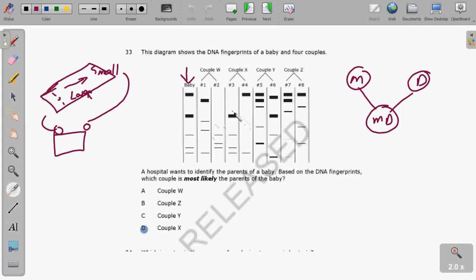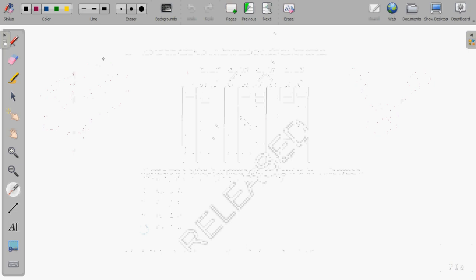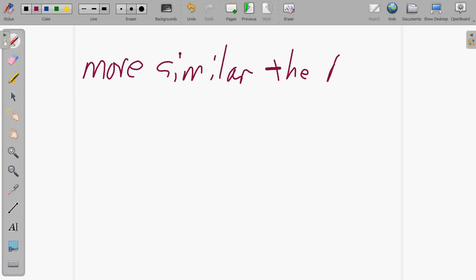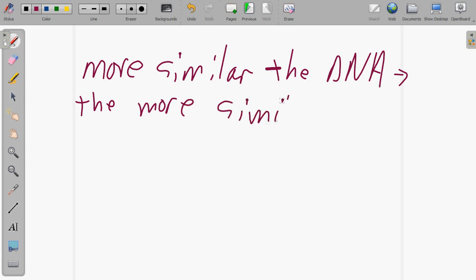The more similar the DNA, the more closely related they are. Let me say that again for the people in the back. The more similar the DNA, the more similar the organisms.